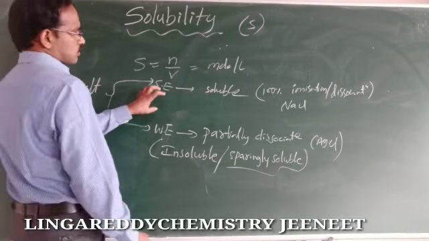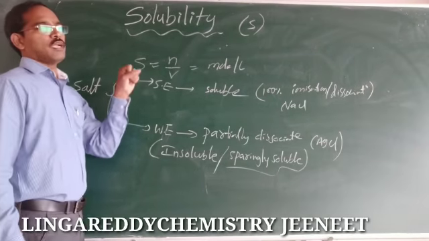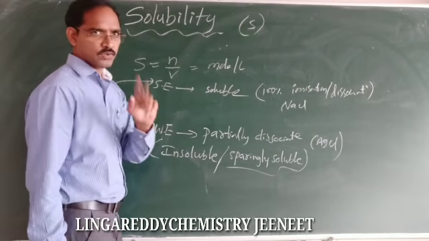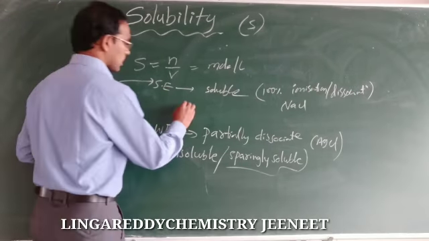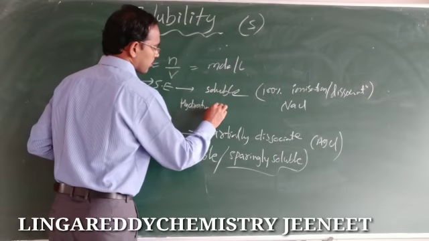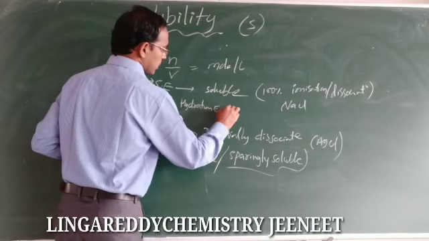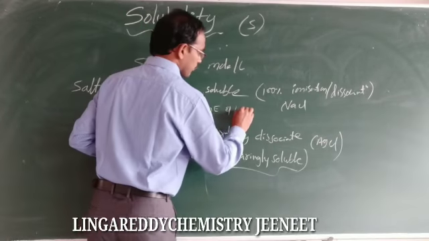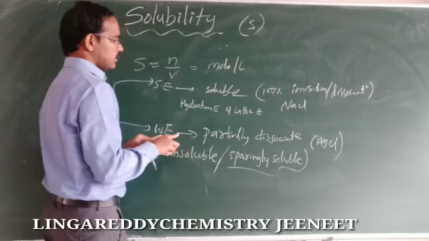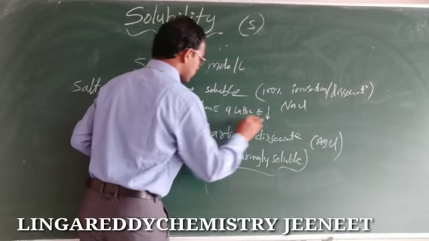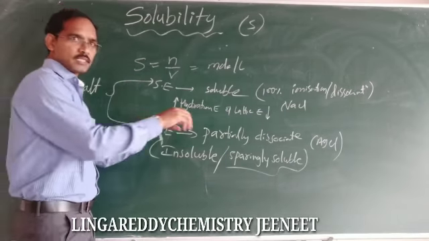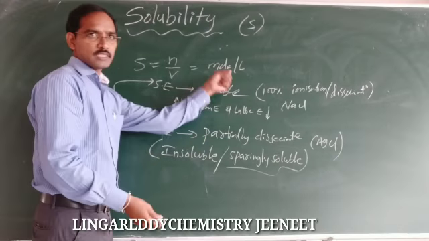When a salt dissolves, two types of energies are involved: hydration enthalpy and lattice enthalpy. Soluble means lattice enthalpy is less and hydration enthalpy is more. Hydration enthalpy releases energy, lattice enthalpy requires energy.